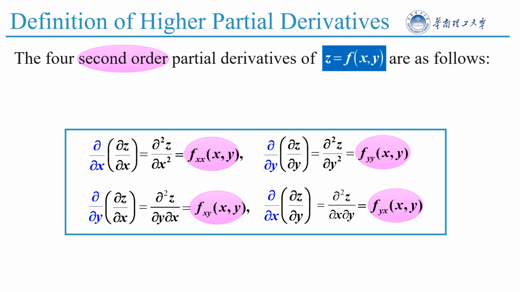And the third expression means the second partial derivative of f, differentiating f partially first with respect to x and then with respect to y. And the fourth expression has a similar meaning.